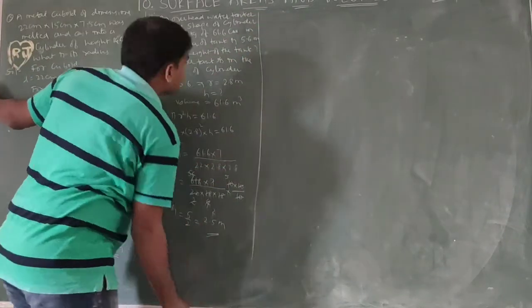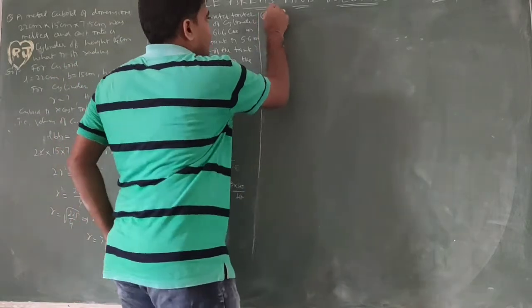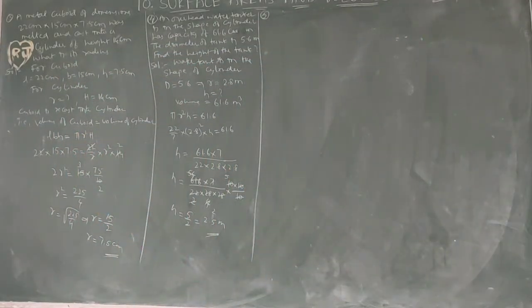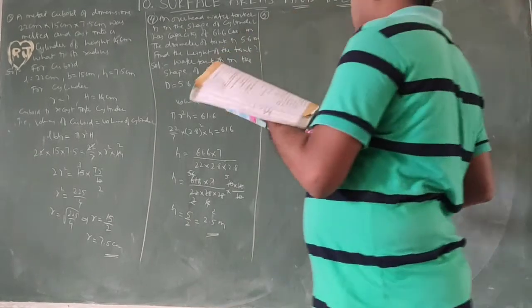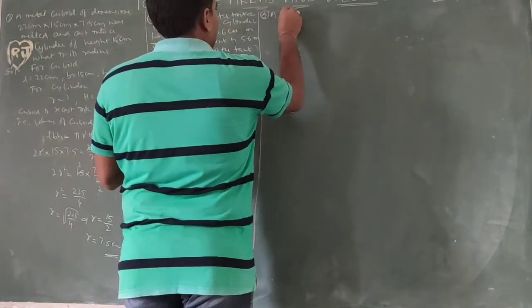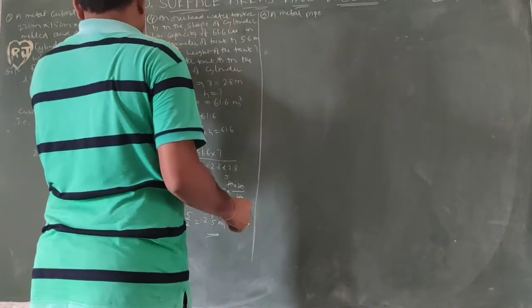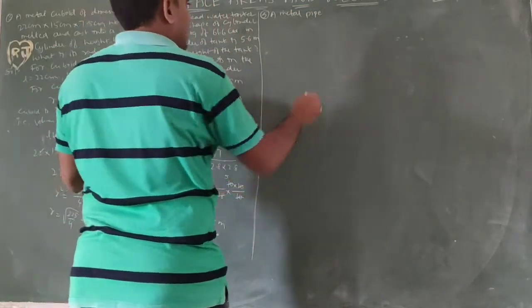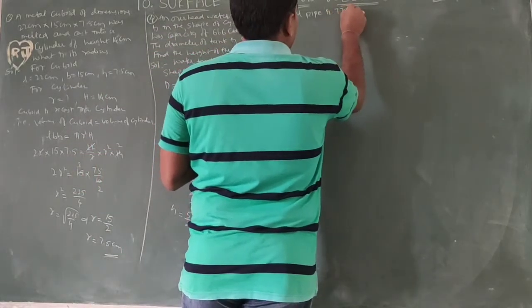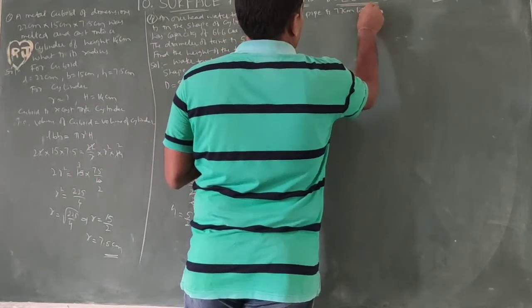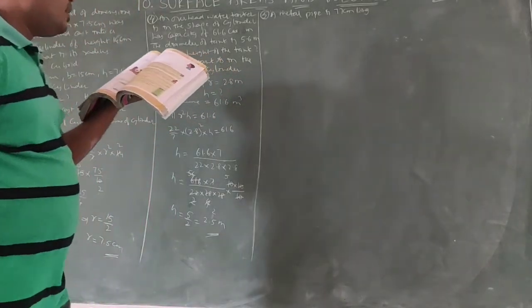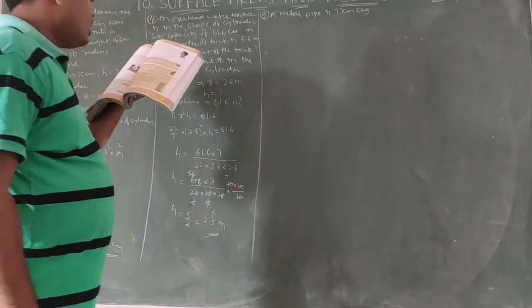Okay. Next question, question number 5. Fifth question: a metal pipe is 77 centimeters long.